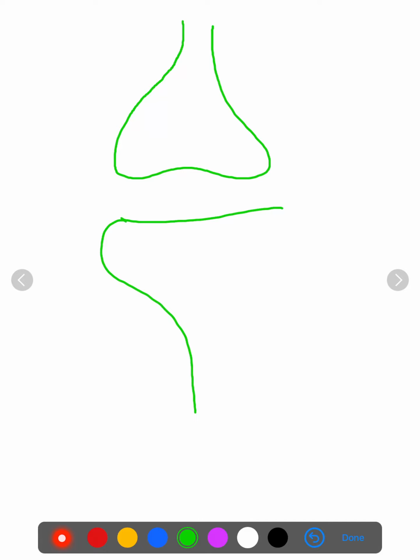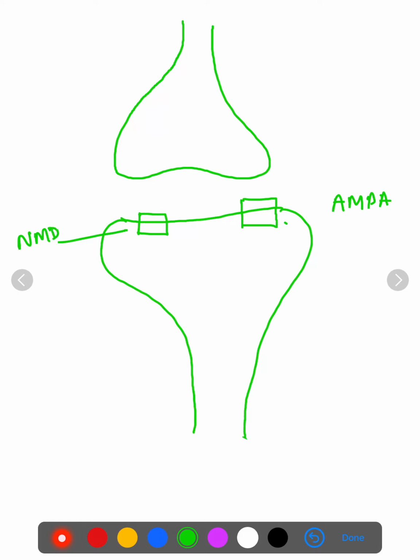So here I will just explain it properly. Now I will not be labeling it. Presynaptic terminal, postsynaptic terminal, AMPA receptor, NMDA receptor.